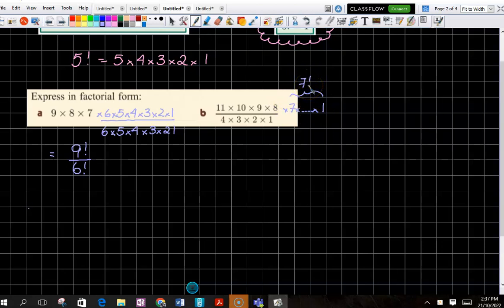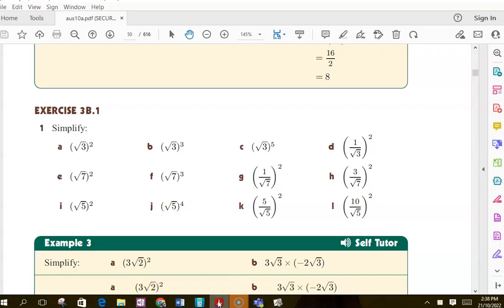And I can do that as long as I times the bottom by 7 factorial. What is this little sucker here? 4 factorial. So we end up, the top line is 11 factorial over 4 factorial times 7 factorial. Yeah? So we're not going to spend too much time on this.